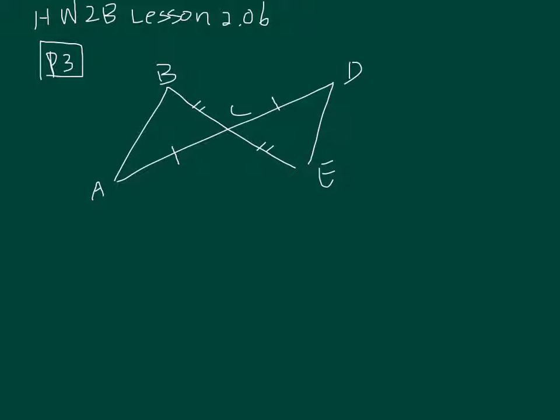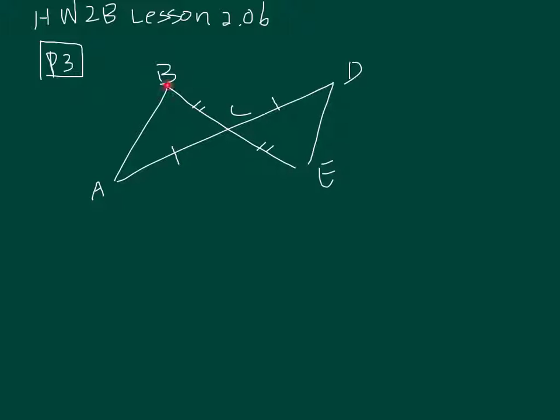And the second sentence says segment AC is congruent to segment DC because of definition of bisects. So segment BE bisects segment AD, therefore the length AC and length CD are exactly the same.